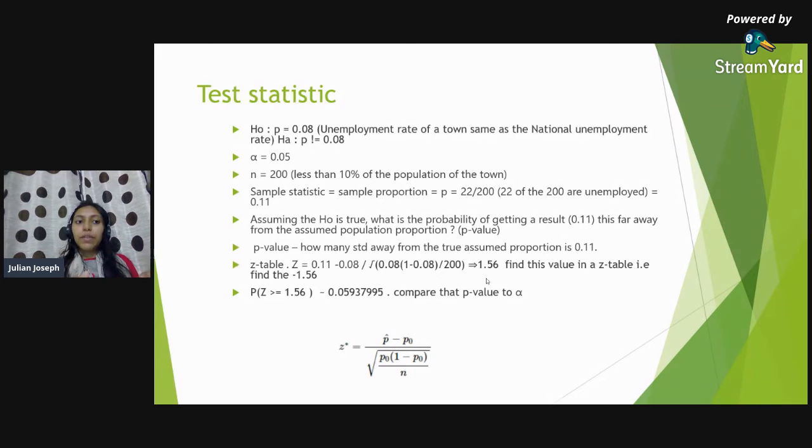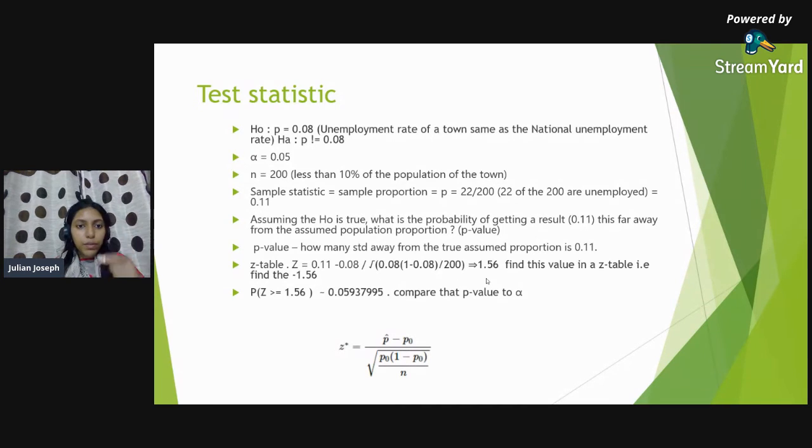Assuming that the null hypothesis is true, what would be the probability of getting a result that is far away from 0.08? That is the assumed population proportion. So that probability would be the p-value. So how do you find this p-value? You would actually go about finding out how many standard deviations away from the assumed population proportion this new value is.